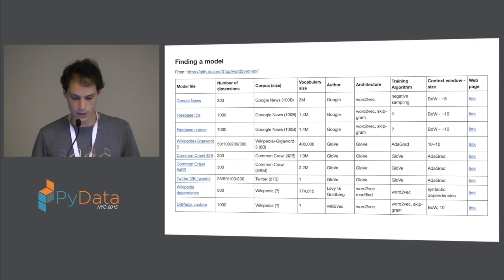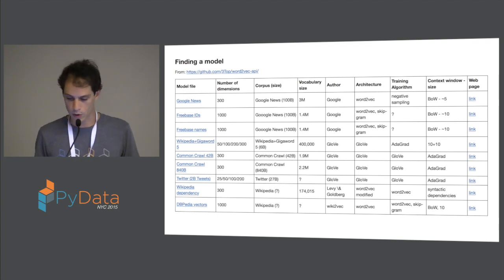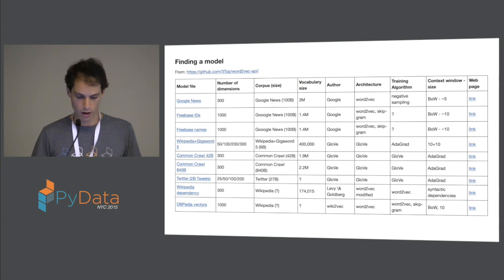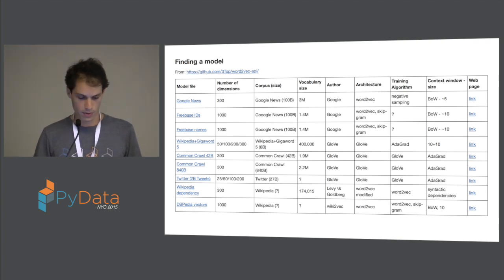You can check there's a list of different models with lots of different columns there that we cannot see that tell you what was the training algorithm and so on. If you're interested, we are currently using this Common Crawl 42 billion words corpus with 300 dimensions that gives good results. We did not try this bigger 800 billion words corpus yet.